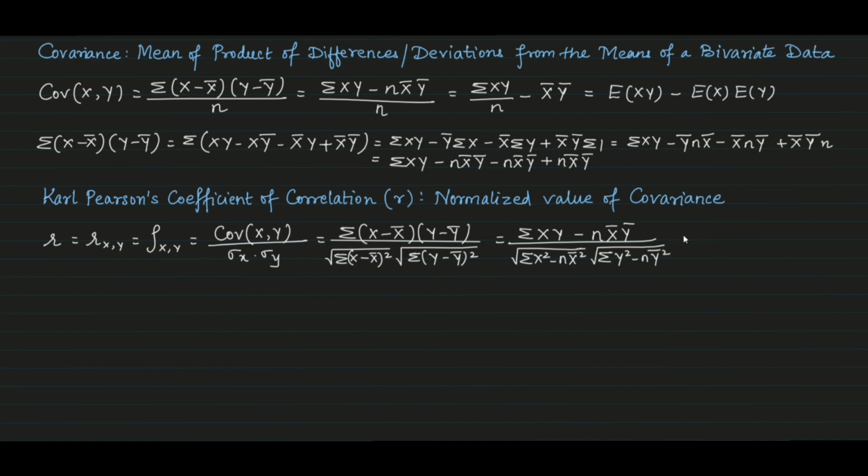When I multiply by n, I get one more expression: n times summation xy minus summation x into summation y the whole divided by root of n times summation x square minus summation x the whole square, root of n times summation y square minus summation of y the whole square.